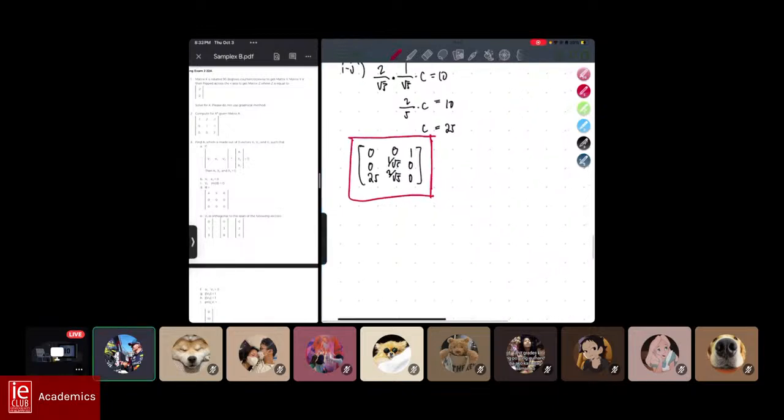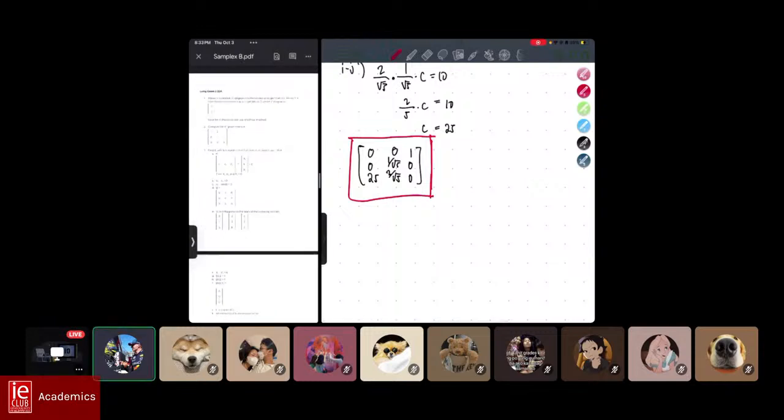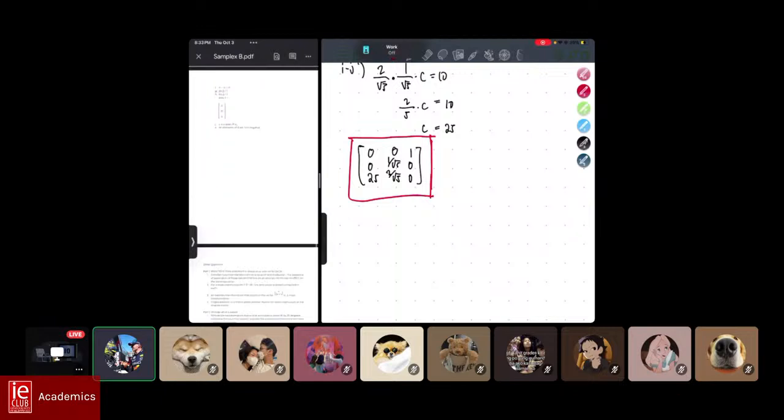Okay. So those are the two biggest problems on this sample exam. Before we proceed to the next section, I think it would be good to just take a quick breather. Are we good? Any questions?